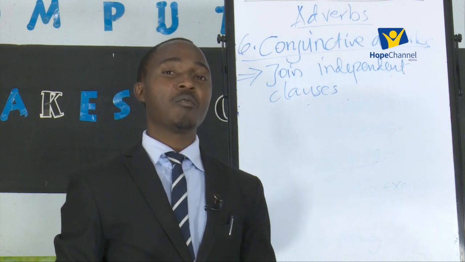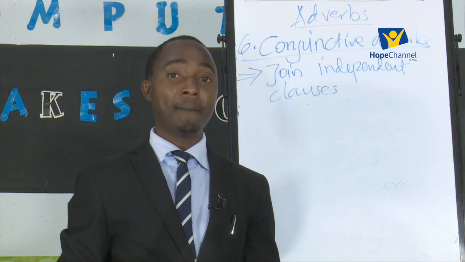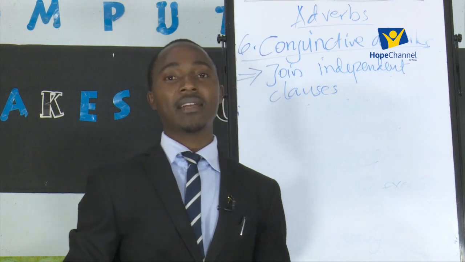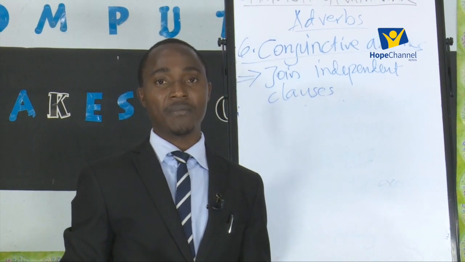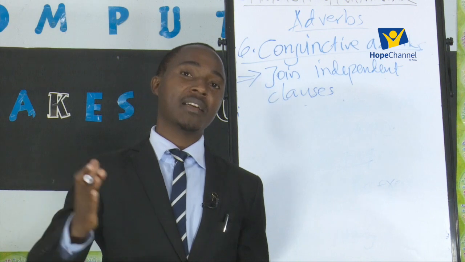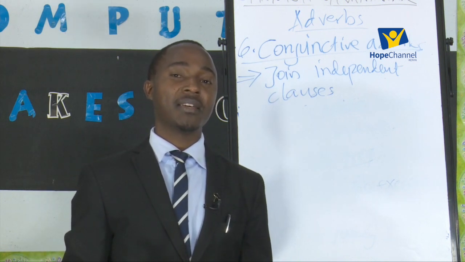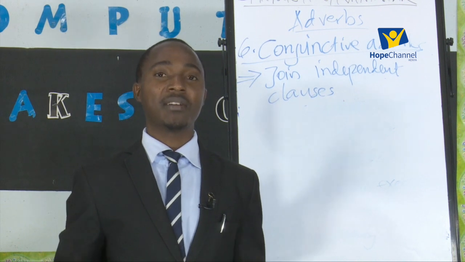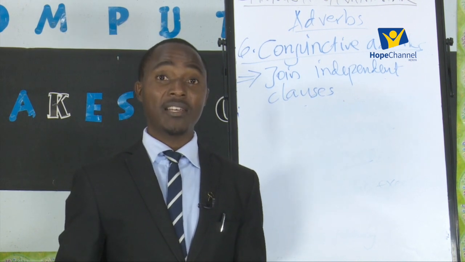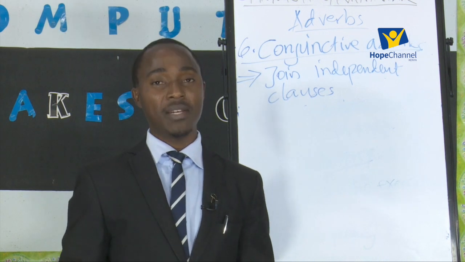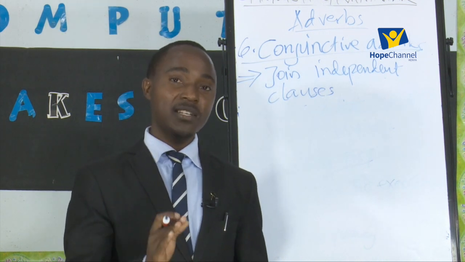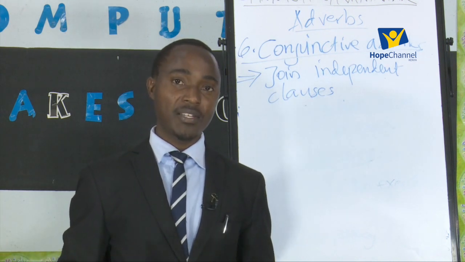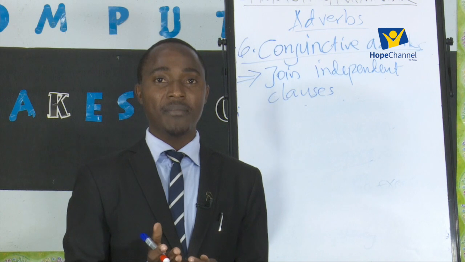An independent clause, or what we call in other terms a main clause in a sentence, is a clause that can express a complete thought, does not require an addition of another clause so that it makes a full meaning, but it simply stands on its own. That's an independent clause, just as the word says, independent. It relies on itself to express the full meaning. So a conjunctive adverb will pick two independent clauses, for example, and it will join them.